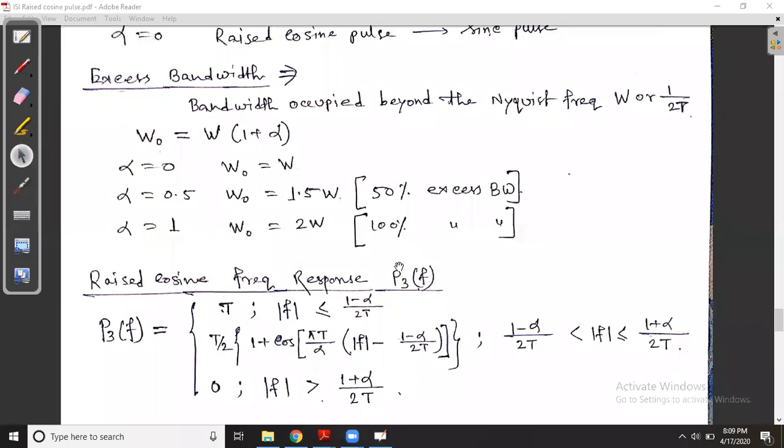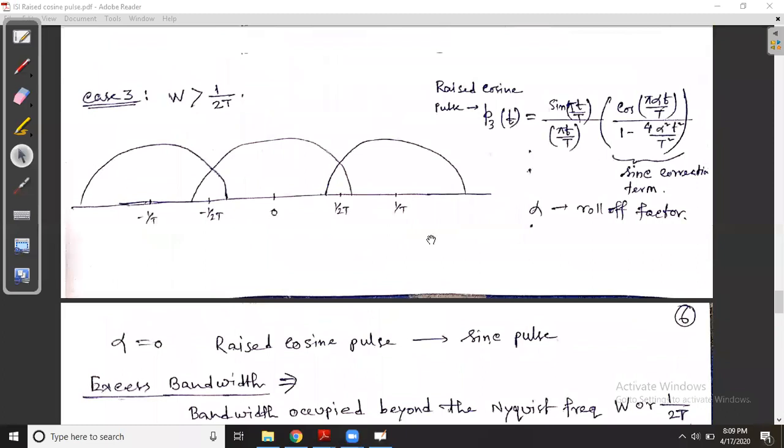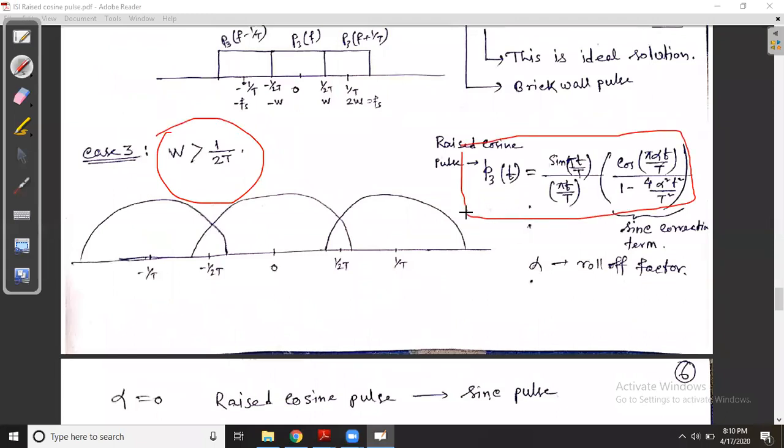Okay. Last day we discussed the starting or the base condition. This is the condition of raised cosine pulse, and this is the expression in time domain of raised cosine pulse, where I told there is an important parameter which is known as alpha, named the raised cosine roll-off factor.